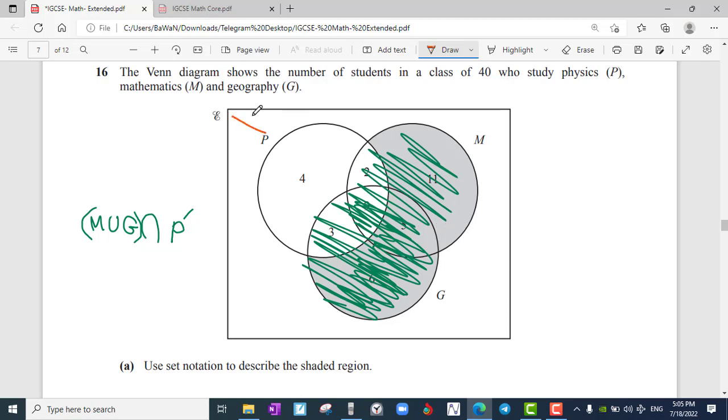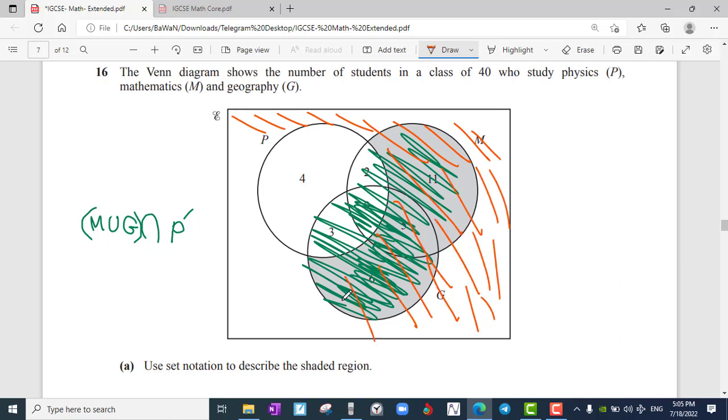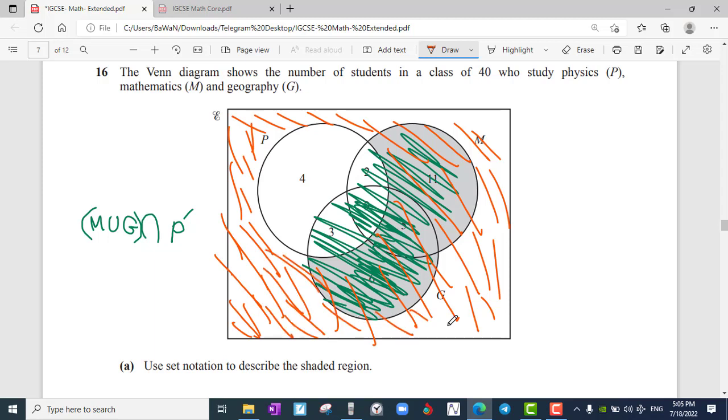P prime is everywhere except the circle P. Okay. Now what can connect the orange region and the green region to have only the gray region? It's intersection. Intersection takes only the common regions that are shaded twice.